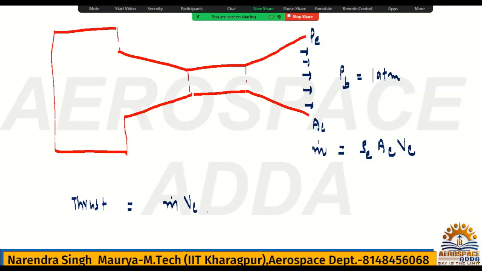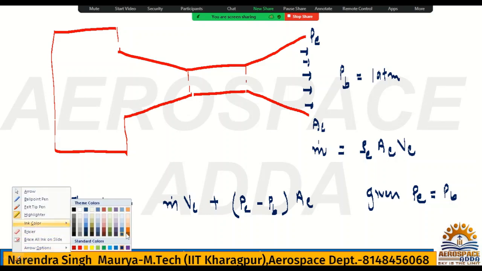plus exit pressure minus back pressure or atmospheric pressure. I can write exit minus atmospheric pressure, here it is given as back pressure, into exit area. This is the formula. So here what they have given, PE is equal to PB, they have given to us, because it's a fully expanded case.